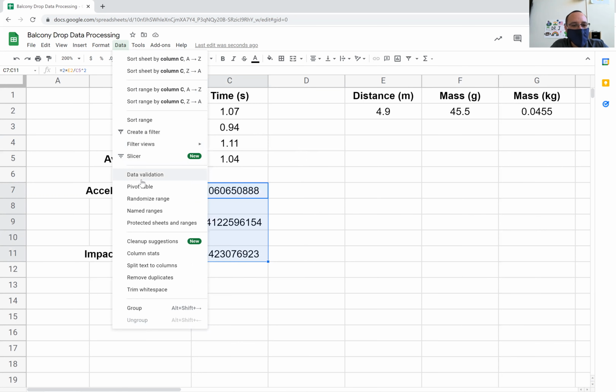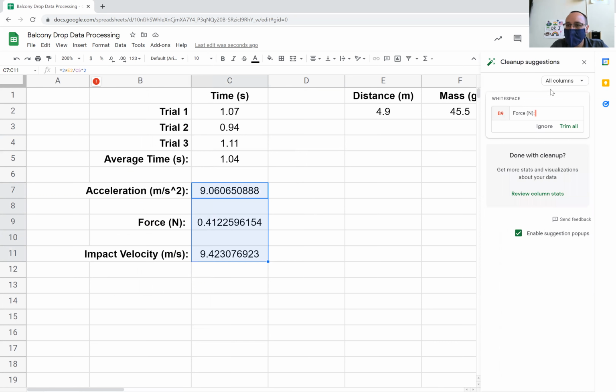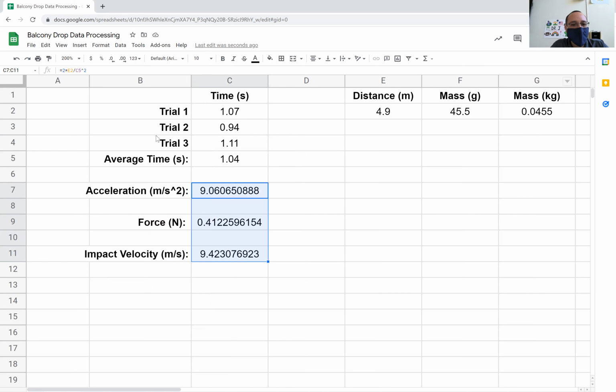Sort, filter views, data validation, randomize, named ranges, protect sheets, clean up suggestions. What's this? No. Well, that's kind of cool. So I have to look at that later. So I'm gonna get rid of that for now, but let me see if I can format these data. Give me just a second and I'll show you how it's done. We're almost done here.